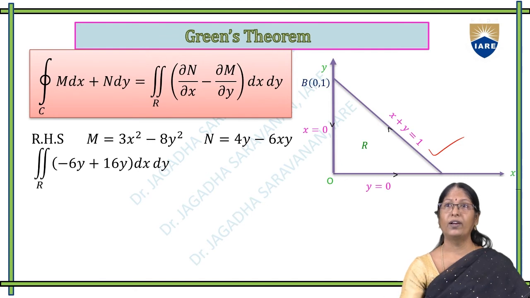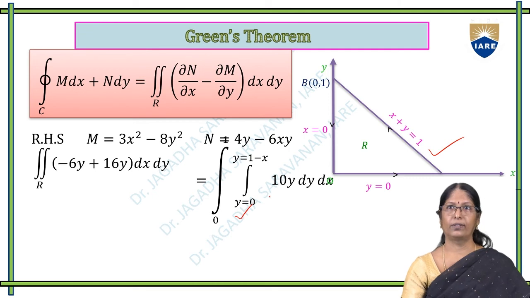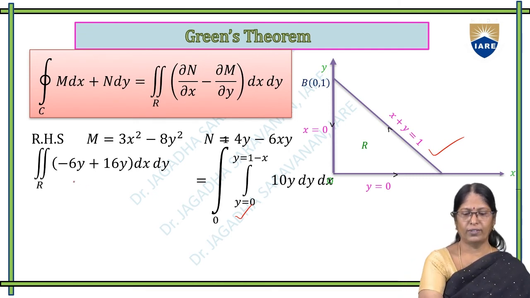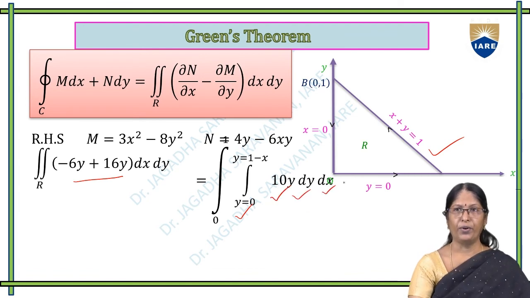Here we got a right-angled triangle. That is the reason this problem is specifically selected. Now here the limits will differ. This is 10y dy dx.